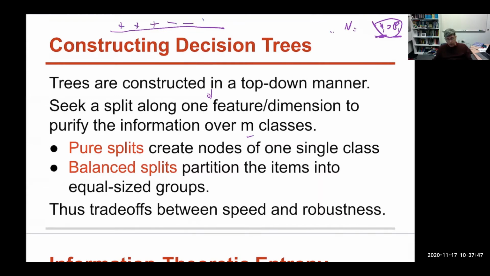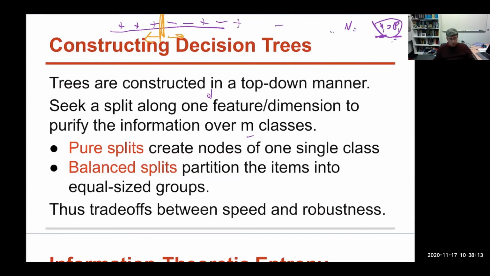Some of them are going to have positive labels, some of them negative labels. Coming up with that threshold is identifying where you want to say everything on this side goes to one end of the tree, everything on this side goes to the other.